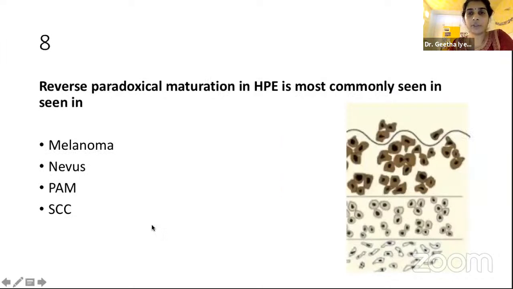Reverse paradoxical maturation in histopathological examination is most commonly seen in a melanoma, nevus, PAM, or squamous cell carcinoma.